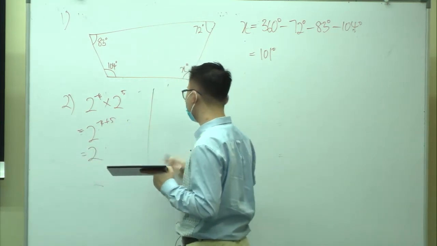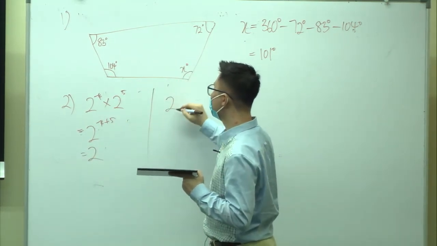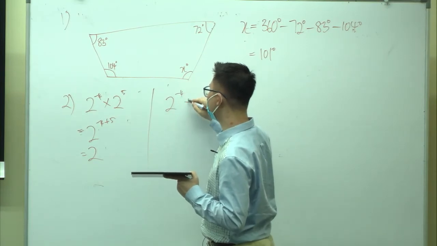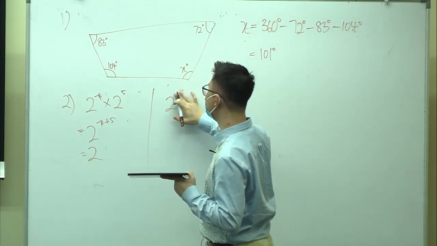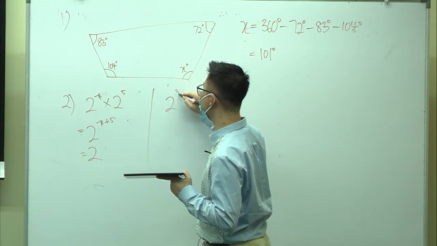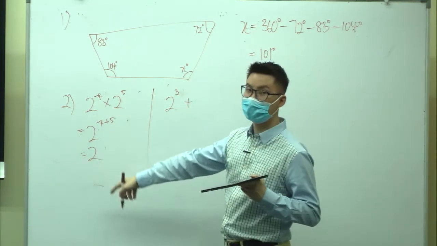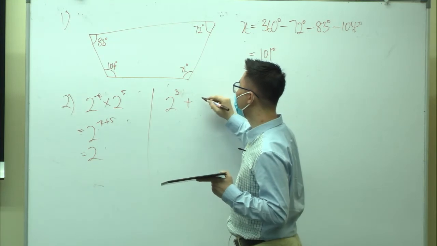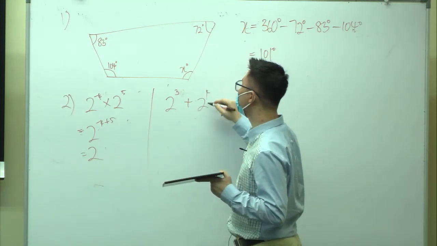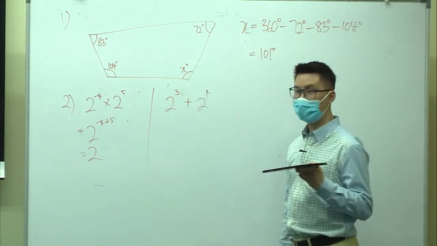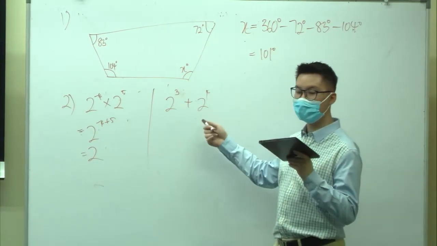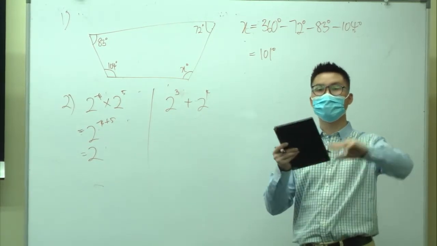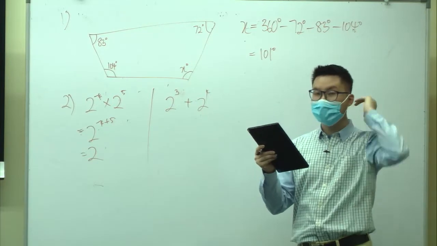Let's say if this, I'm going to add. I'll give you a very simple example. Let's say this is 3. I'm not going to use the negative power, just the normal positive power, 2 to the power of 3 and 2 to the power of 4. How are you going to simplify this? Okay, so how?